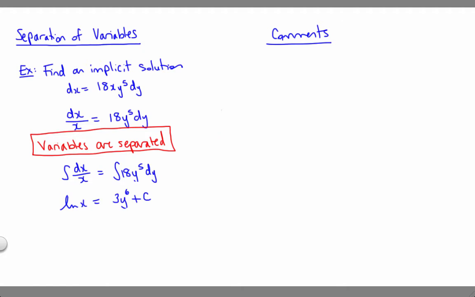So first comment, let's talk about what it means to have a solution. So this is the solution to our DE. What that means is, if we were able to isolate y, if we were able to solve for y here, and if we were able to solve for x, and then take the differentials of those two quantities to get dx and dy, then we could take those four quantities, x, y, and their differentials, and plug them into our original DE back up here.